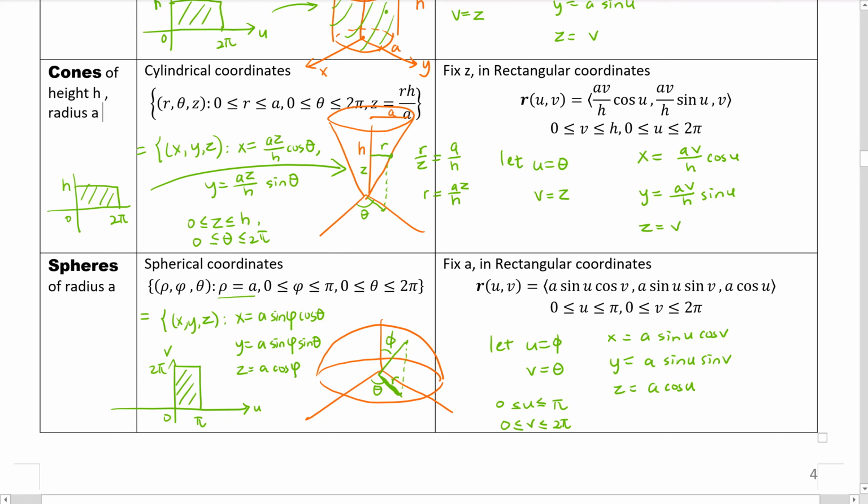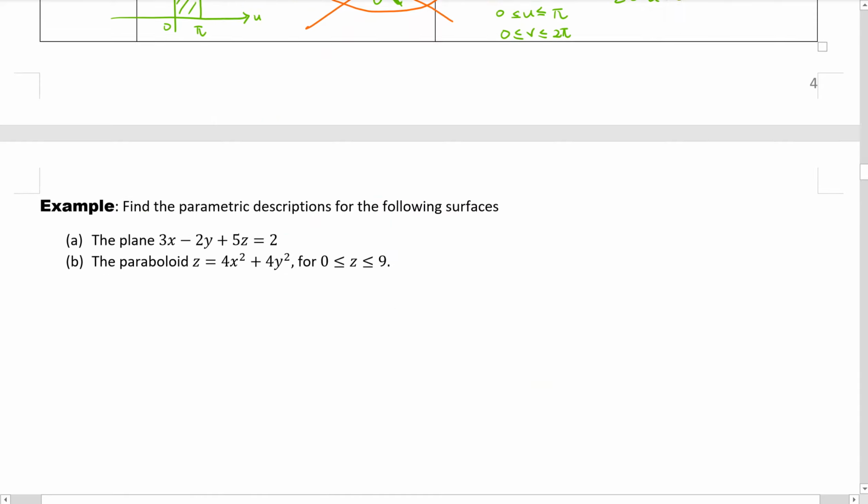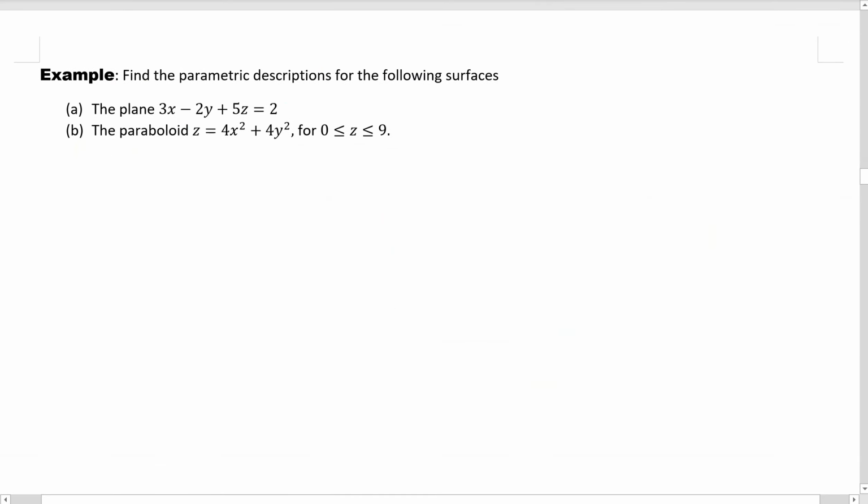Okay, so now let's continue. Look at the following example. We want to find the parametric descriptions for the following surfaces. First, the plane 3x minus 2y plus 5z equals 2. Okay, so we know it's a plane. We can let two of the variables be free and then express the remaining variable in terms of the other two, right?